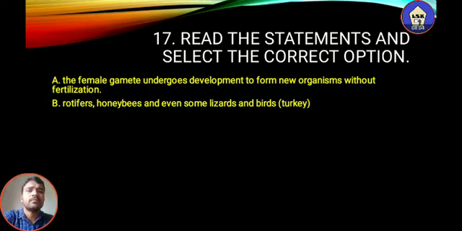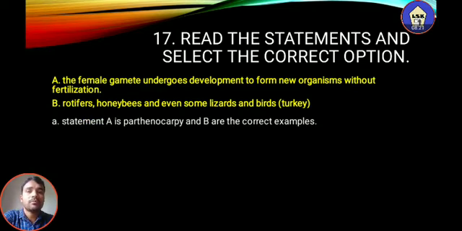Examples are given, and these are the organisms that reproduce by parthenogenesis. So statement A is correct, representing parthenogenesis, and statement B gives the examples for statement A. See the options.